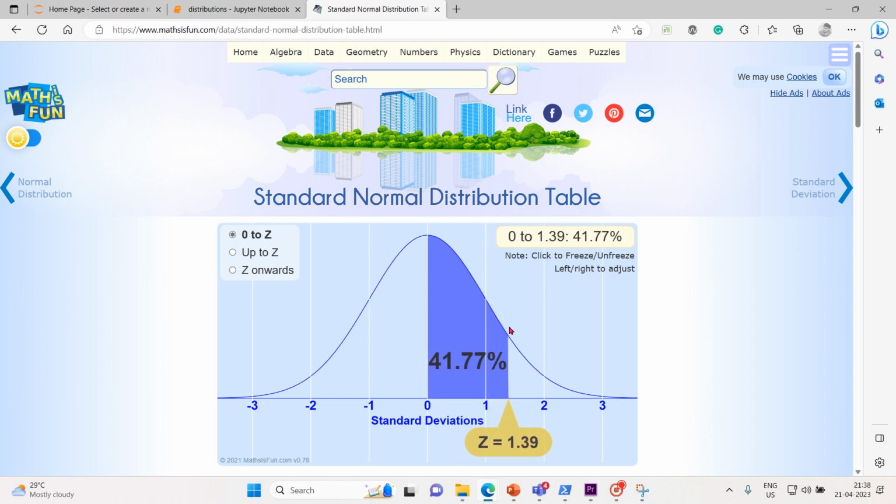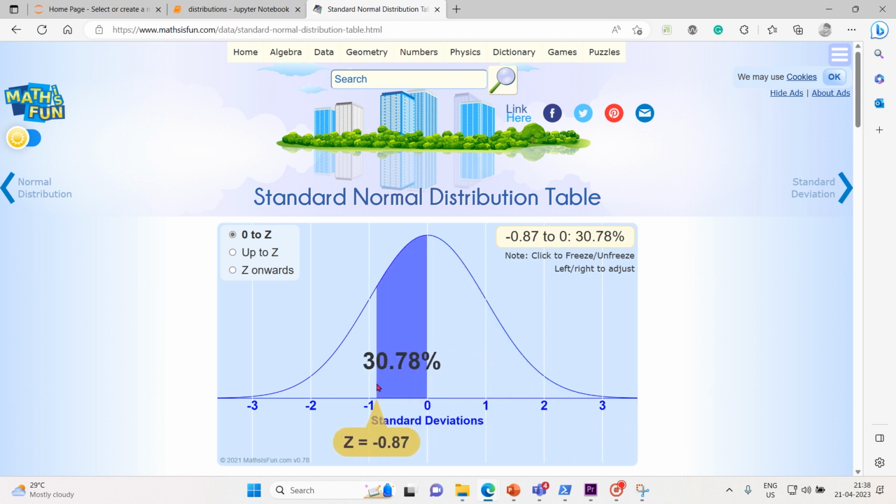Then I'll increase my Z score to 0.05, it's 47.98%. And if it is 2.93, 49.83%. And for 3.4, 3.59, it's 49.98%.